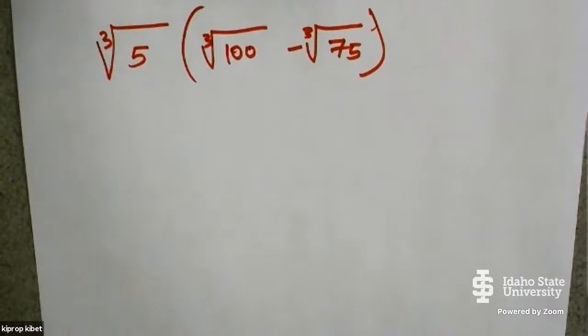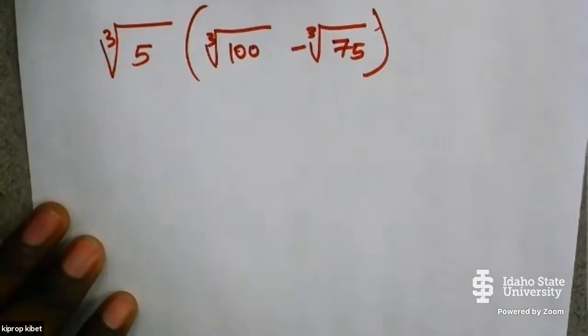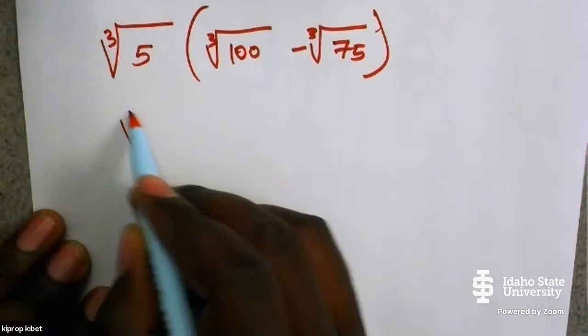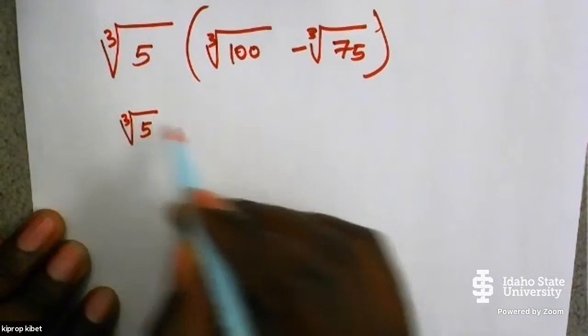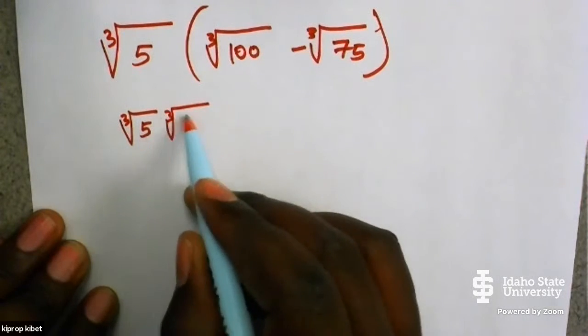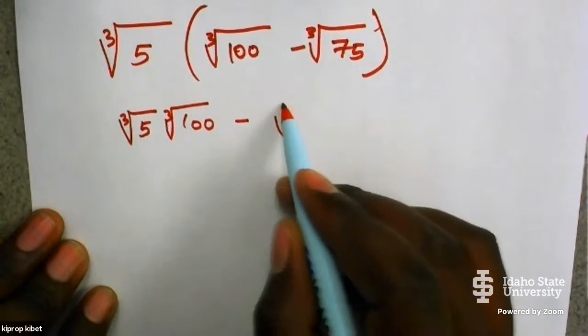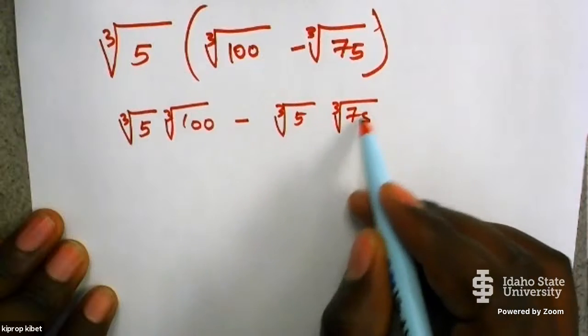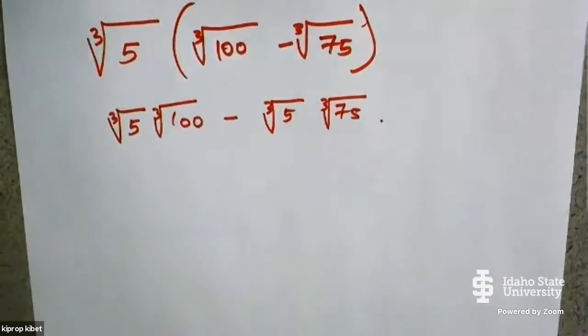It's the same as distributing, so you distribute the cube root of 5. When you distribute, you get the cube root of 5 times the cube root of 100, minus the cube root of 5 times the cube root of 75.